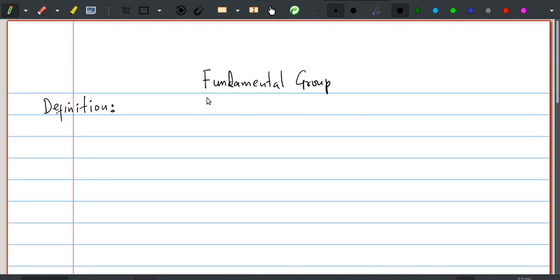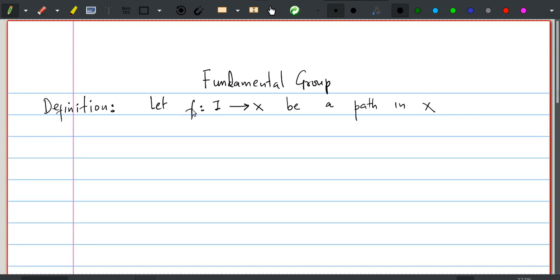So let us consider a path, say f. Let f be a path in X. Note that here I is the unit interval, the closed unit interval [0,1].